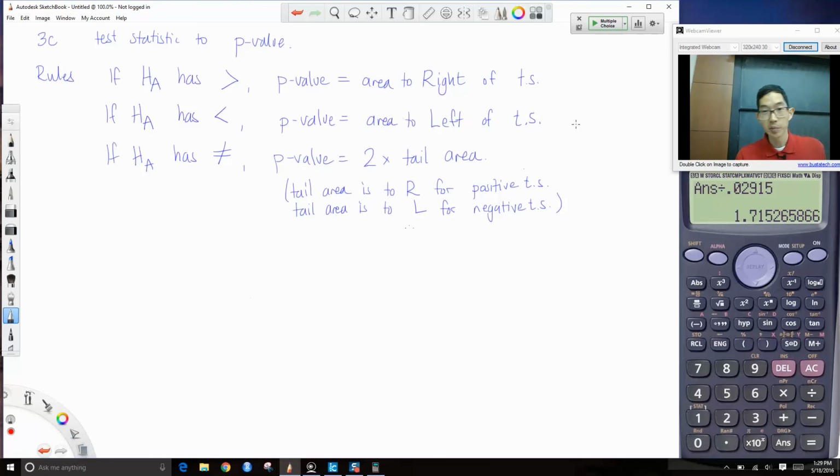Oftentimes, these are called one-tail tests, and this is called a two-tail test. Or two-sided test, or one-sided tests, okay?